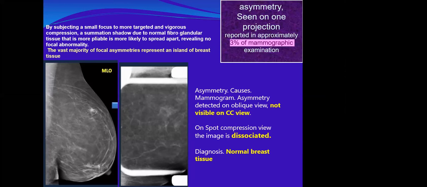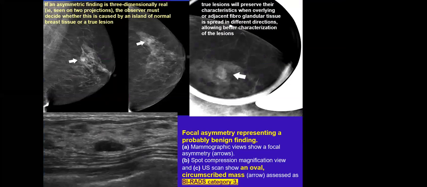But if there is a real abnormality, the spreading away of the overlying breast tissue will make it clearer, more obvious. And we said the vast majority of asymmetries and focal asymmetries are summation artifact, and a focal asymmetry represents an island of breast tissue. Okay, see these examples.